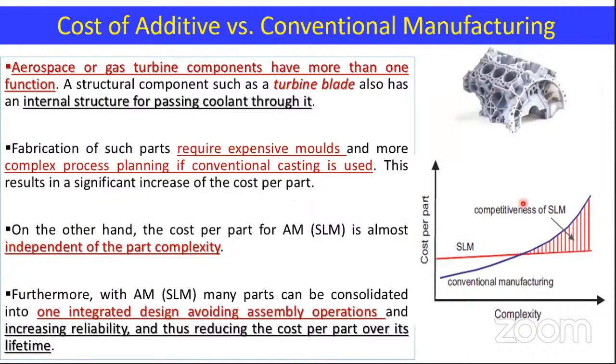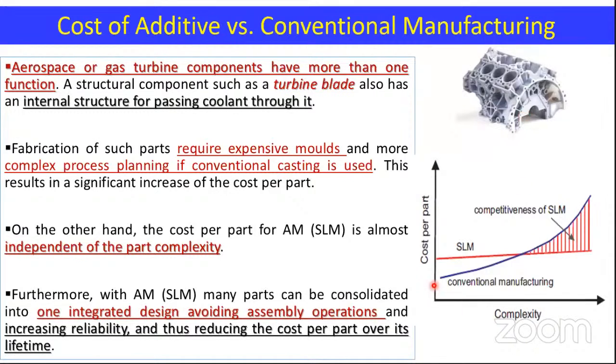Then the SLM or additive manufacturing process plays a role in decreasing the cost as we see more complicated profiles or geometries that we need to manufacture, right?